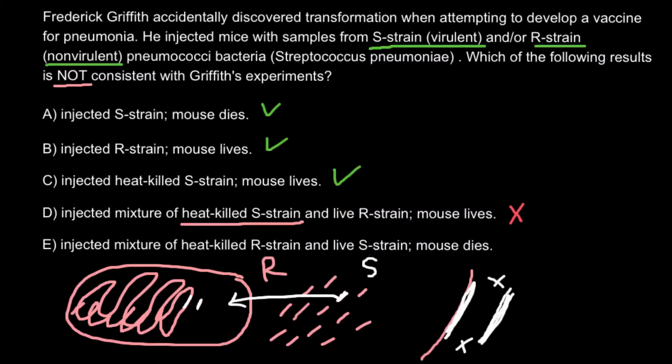And live S strain, that is virulent, if it is injected in the mixture, of course the mouse will die. So this is a true statement. So the only statement that contradicts Frederick Griffith's experiments would be answer D.